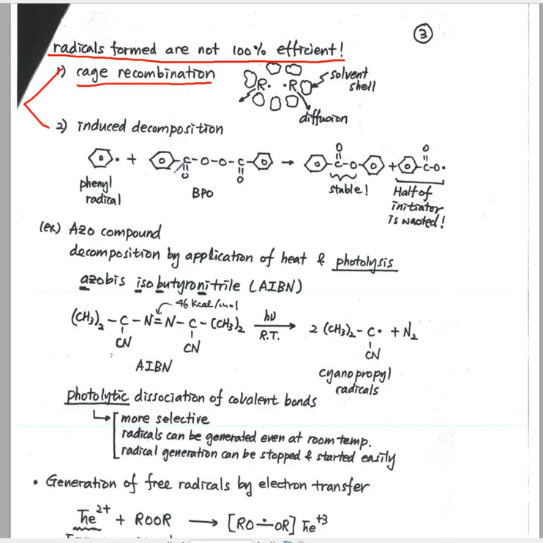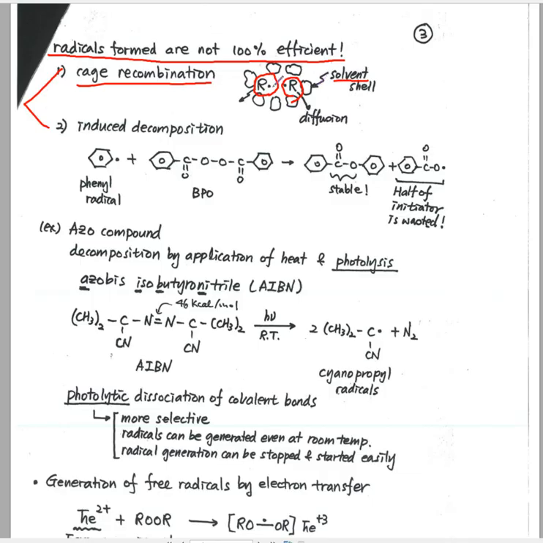The first case is called cage recombination. We form 2 radical molecules, but if you perform the reaction inside a solution, in the liquid phase, these radicals could be surrounded by solvent molecules.